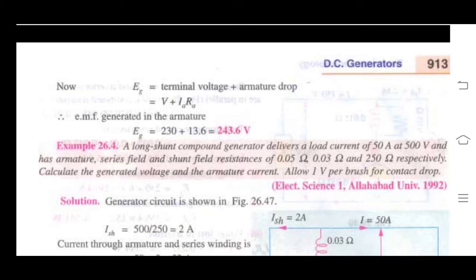EMF generated in the armature is equal to 230 plus 13.6, it is 243.6 volts.